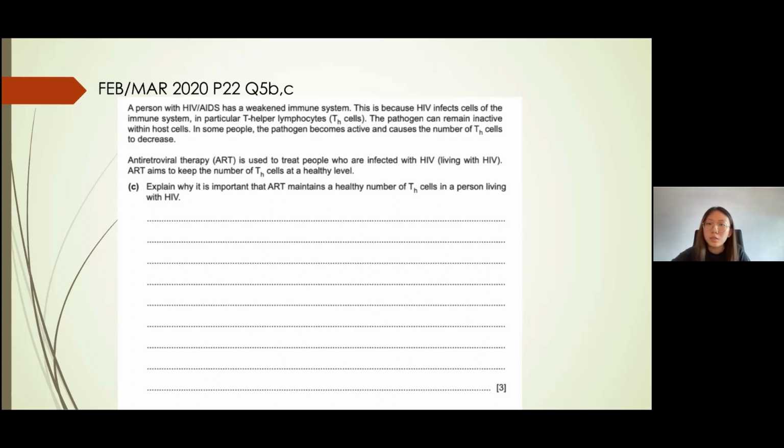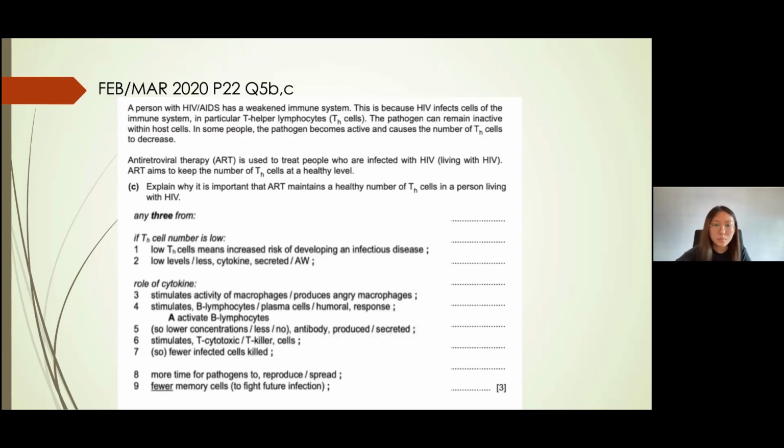As we learned, T helper cells act as a manager of the immune system, and they secrete cytokines, which stimulate the humoral response and stimulate B lymphocytes to divide into plasma cells and memory cells, and also stimulate the T cytotoxic and T killer cells. ART is a drug treatment which will prevent the RNA of HIV from converting into DNA in host cells.